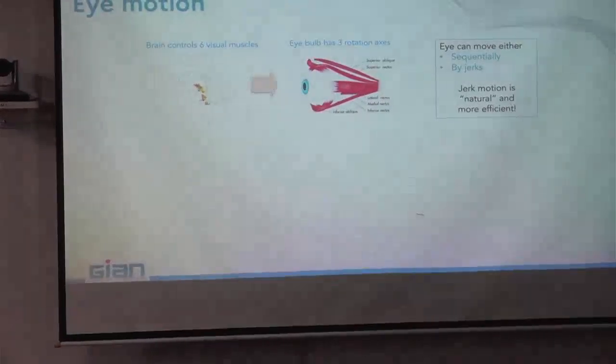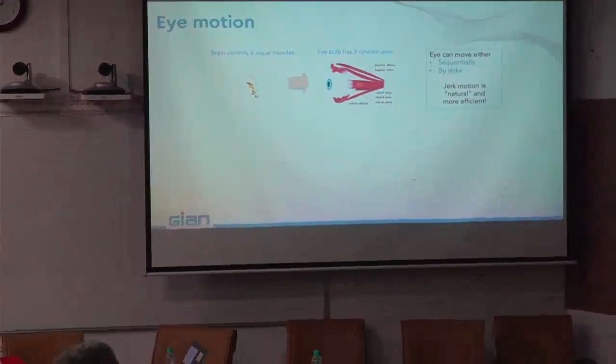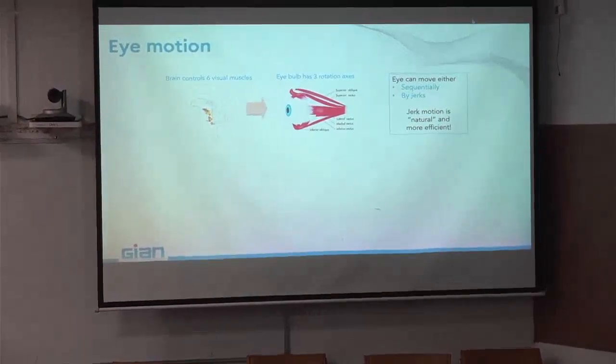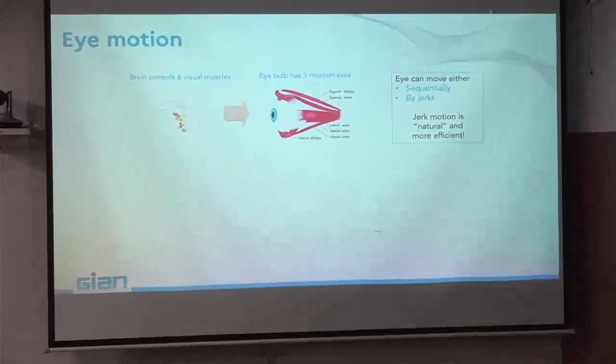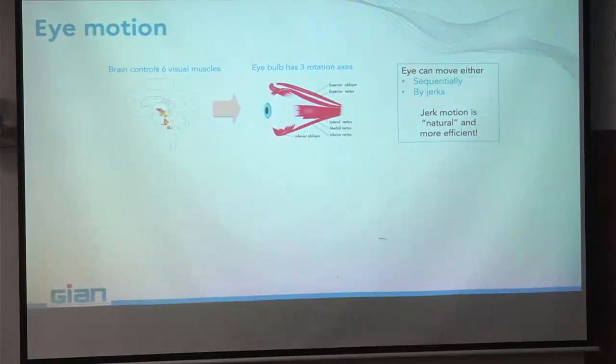In fact, we have 2 modes of eye motion. The first one is sequential: you scan in a given direction. The second one, which is the natural one, is by jerks. The eye moves in an almost arbitrary way and tries to collect information all around the space.